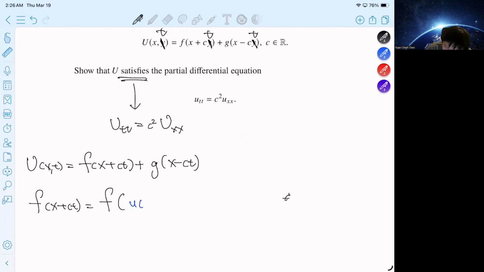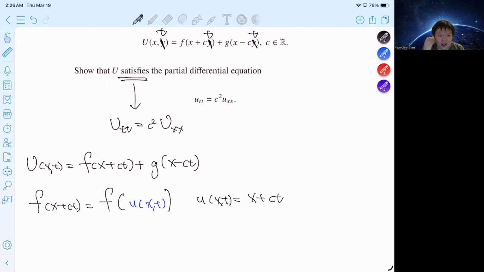Sorry, it's a two variable function, so u(x,t) is x plus ct. So it's also a layered function.